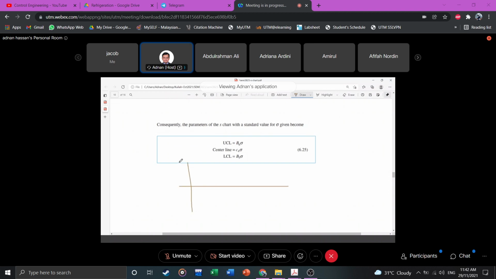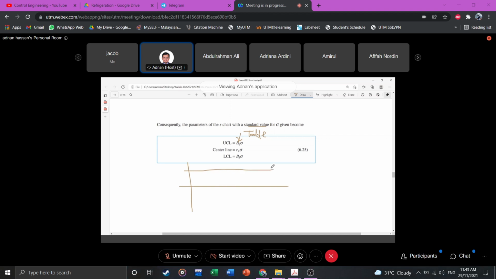This is the S chart. You can also use the standard values, B6 and B5, which come from the table. That also can simplify our preparation.